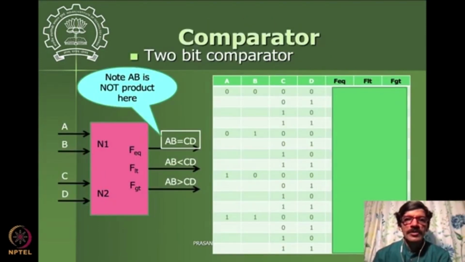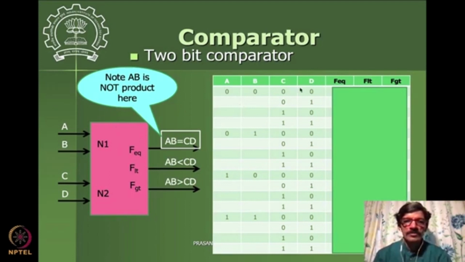In a similar way you can have the definition of a comparator. You want to compare 2 numbers: one number is represented by bits A and B, and the other number by bits C and D. Then you need to give the output: if it is less, or if it is more, you can have some outputs.